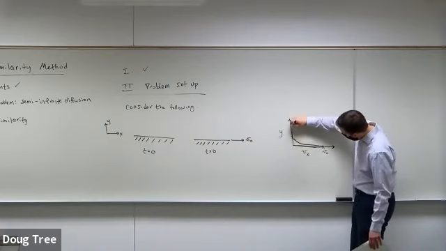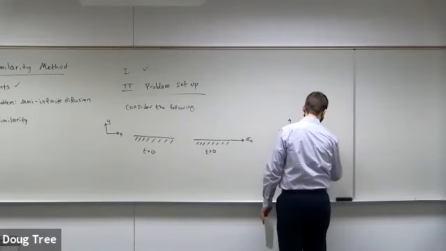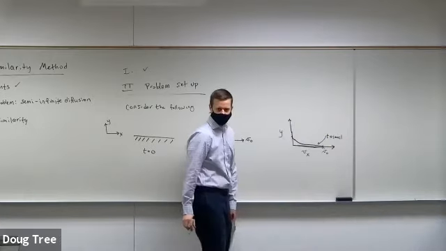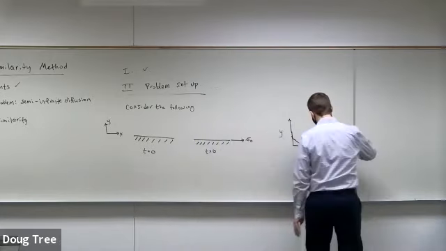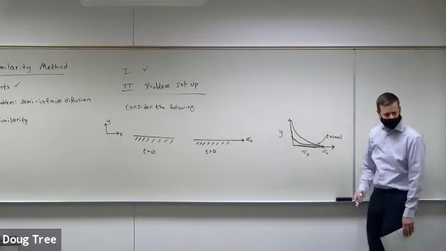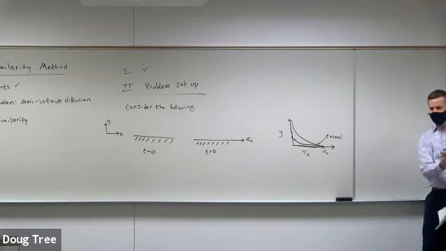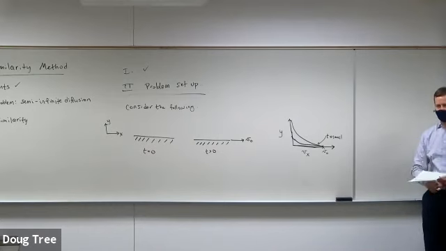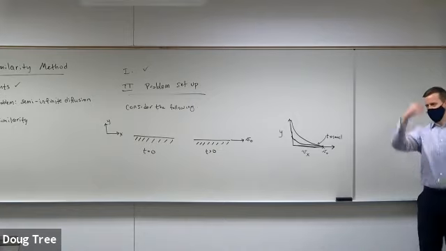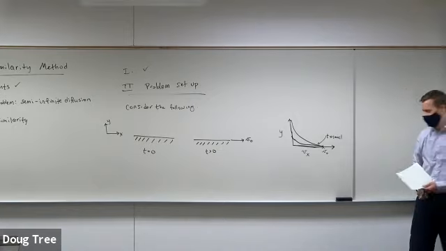That would be a small time. And then a little bit later, it's going to look like that, because as I'm pulling it, I'm going to get more fluid pulling on the parts above it and above it.